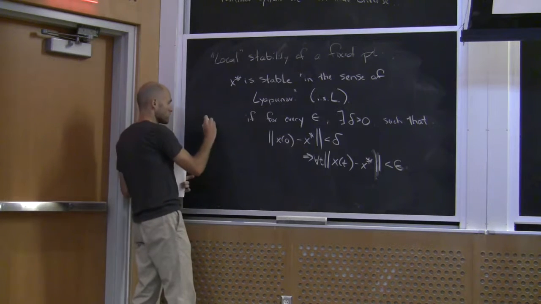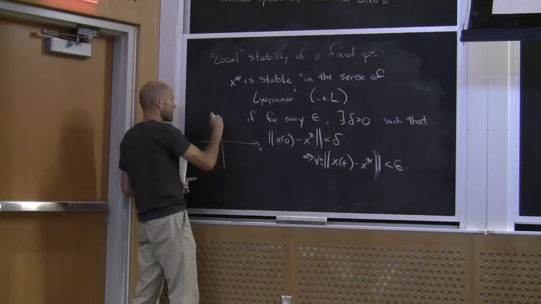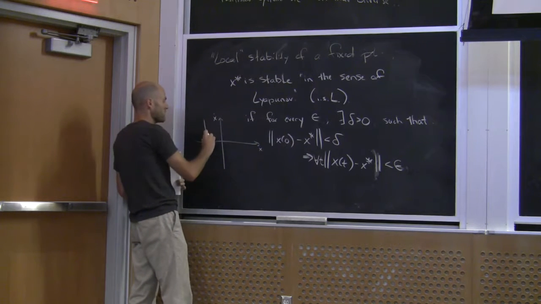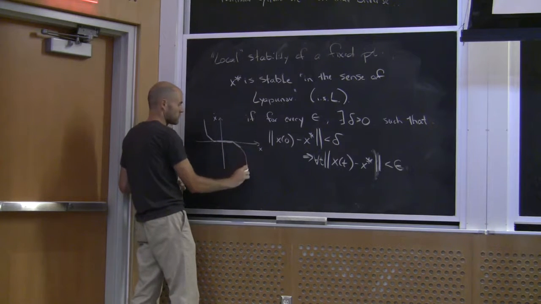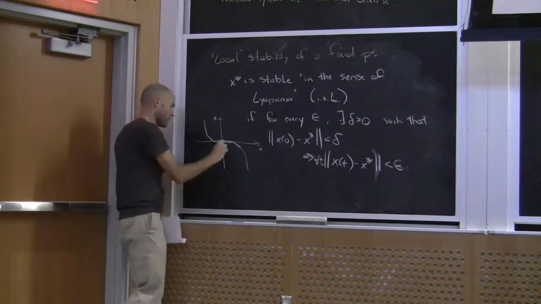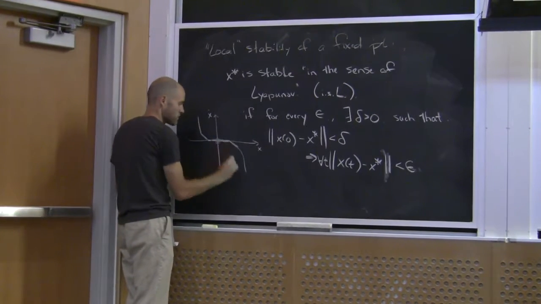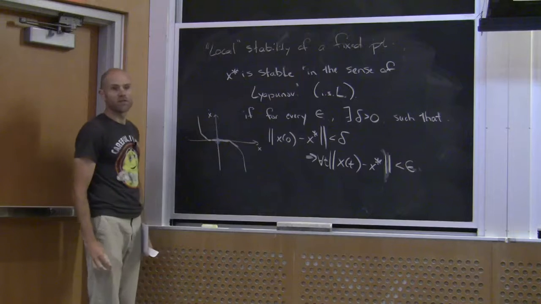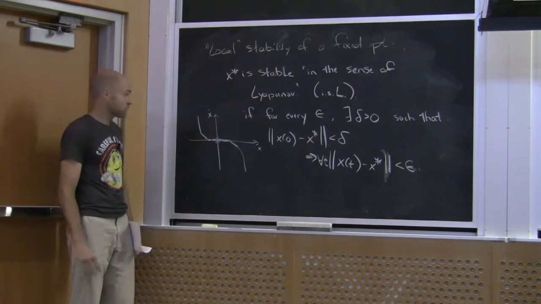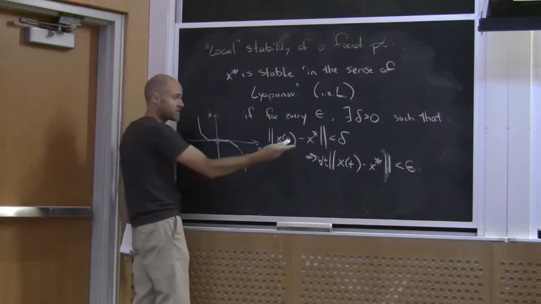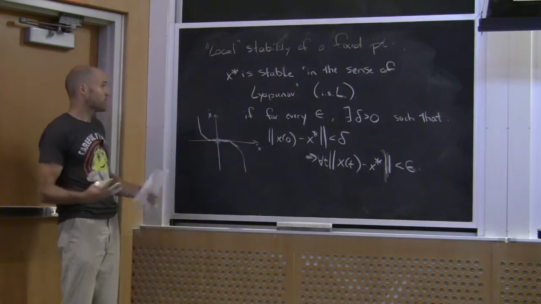Okay, so that example I just gave here, where it's even flat here. Let's talk about the stability of the fixed point at the origin. Is that stable in the sense of Lyapunov? What it says is that it's a game.